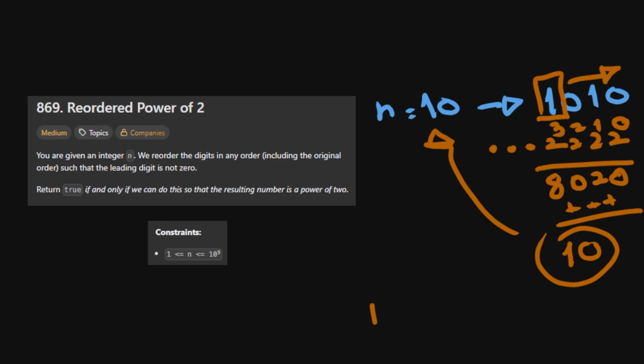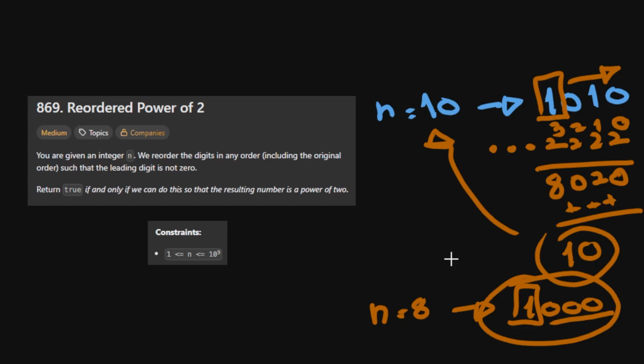For example, let's say n is 8. This in binary is 1 0 0 0 and we see this exact same pattern for every power of 2. First we have a 1 and then every other number is 0.